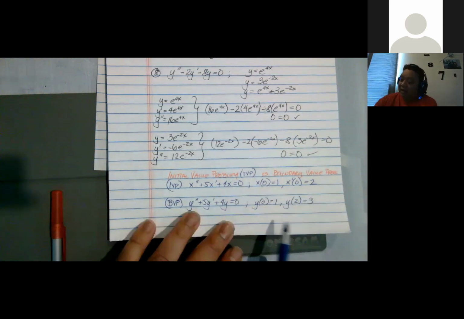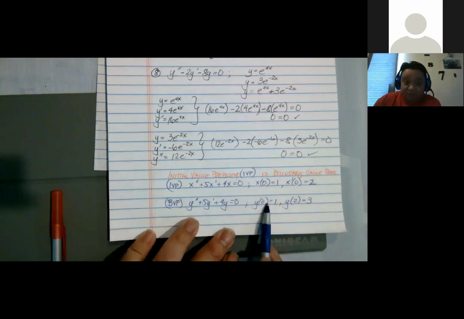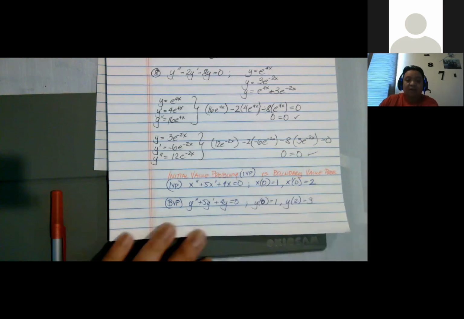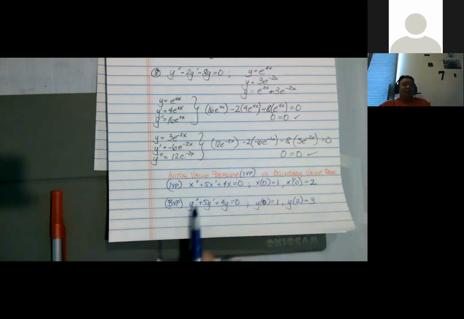You're evaluating your functions for your conditions on two different x values. And that's the difference between initial value problem and boundary value problem.